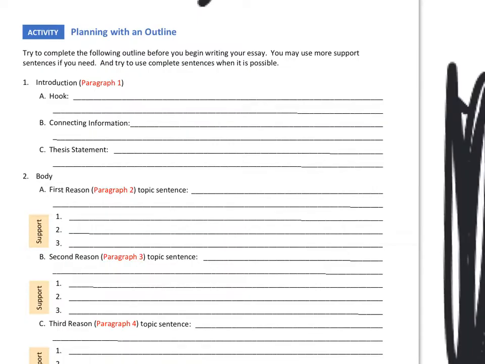Now this is page 7, and this is where I would say the most important piece is, because you're going to need to turn this part in, and what I want to see here is a structure for your essay. So I do want you to do all the parts that are listed here, but most importantly are going to be things like the thesis statement. I'm definitely going to look at that and make sure we're on the right track with that.